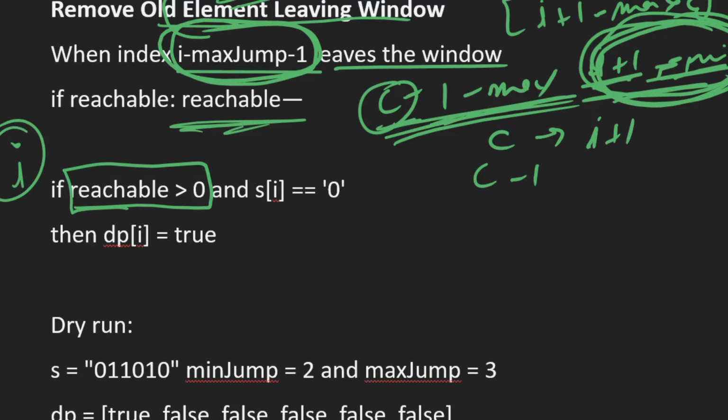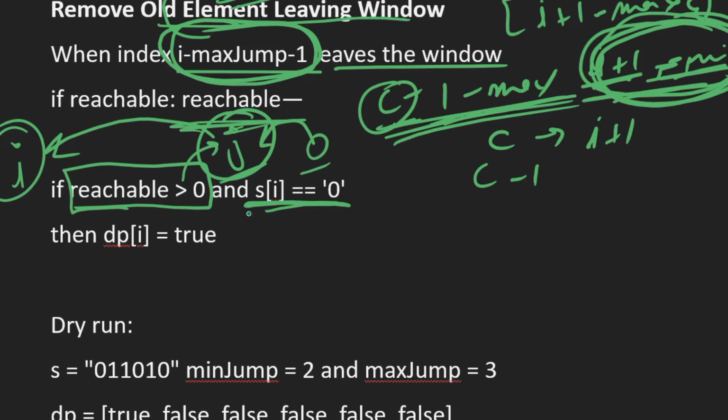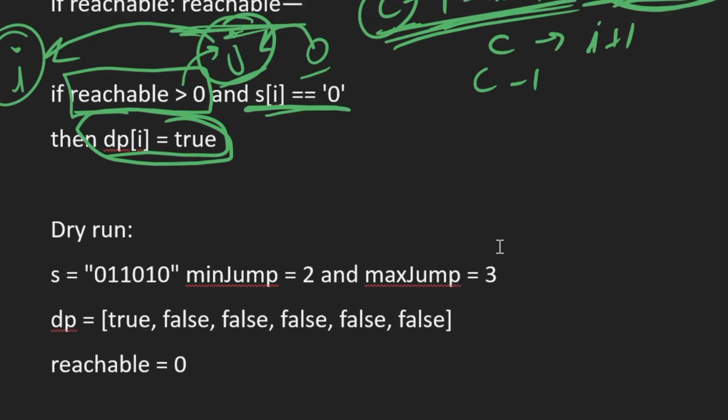If reachable value is greater than 0, that means there was a previous index j that was reachable from index 0. That means we have reached from index 0 to j, and now from j we will be jumping to I. And also the second condition, s of I is equal to 0. Then if both conditions are satisfied, we mark our current index as true. That means this index is also reachable. So this is our approach part.